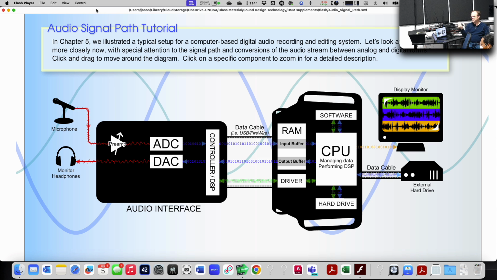Audio is when it's electrically on a wire. Digital audio is what happens when a computer tries to represent that electrical audio signal using binary numbers. That's digital audio. So it's taking that electrical signal and expressing it using binary numbers.